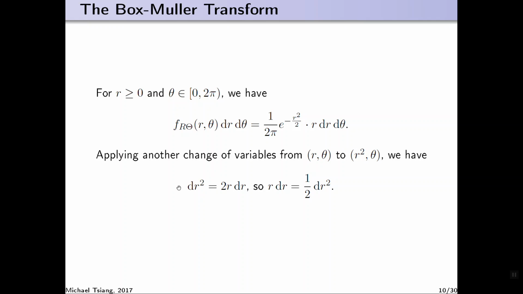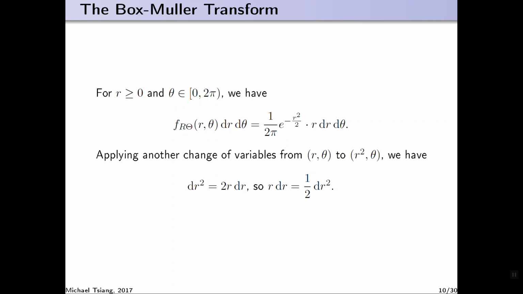So what is d r squared? That's going to be 2r dr. And so if we want to swap out r dr, r dr will become 1/2 d r squared. This might feel like, why are you doing all of this?